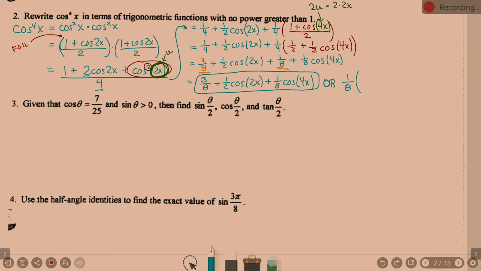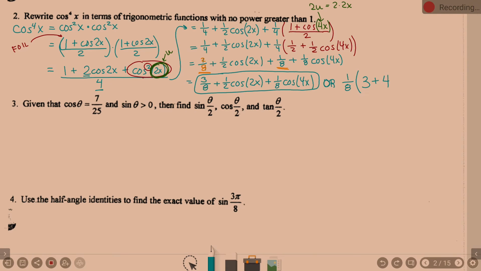If you have 3/8 and you factor out the 1/8, what are we left with? 3. Plus, now, it's 1/2 cosine 2x, but what do we know about 1/2? It's 4/8. So if I have 4/8 and I factor out the 1/8, what am I left with? 2. We're just being left with the numerator here.